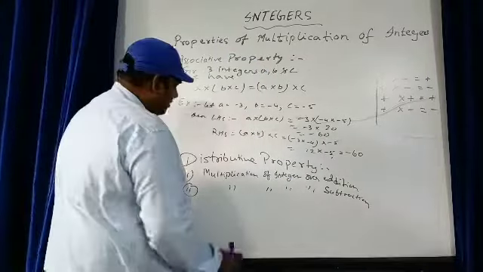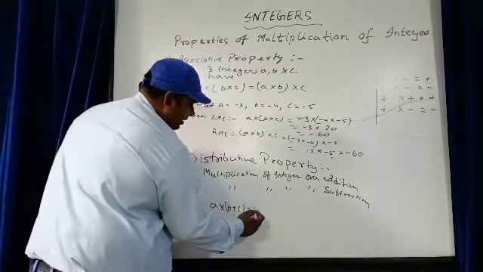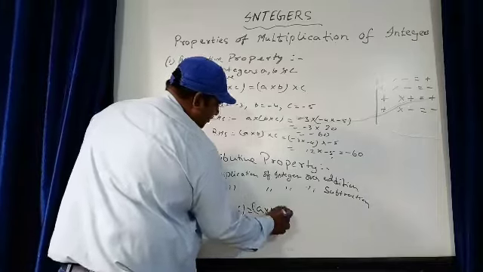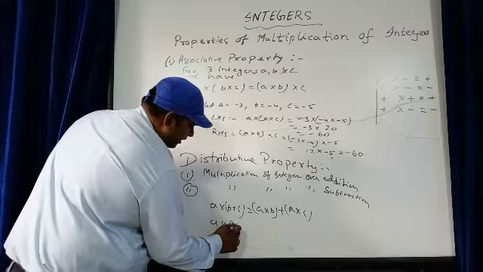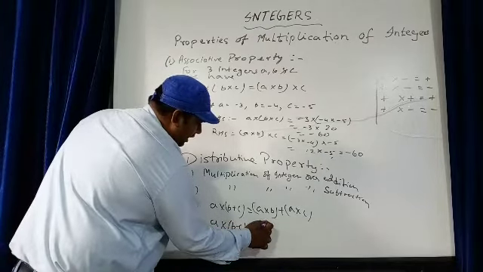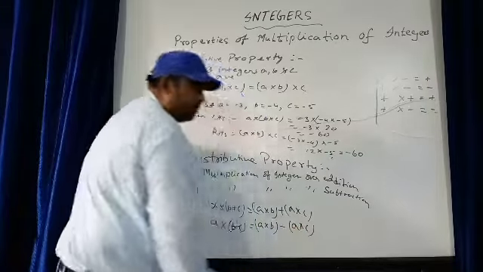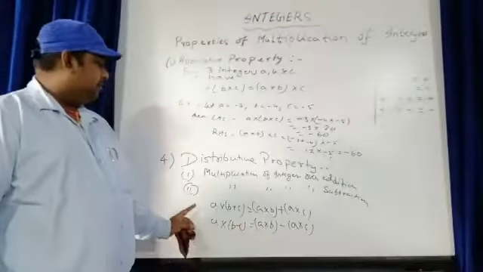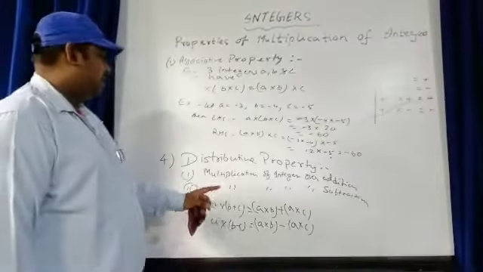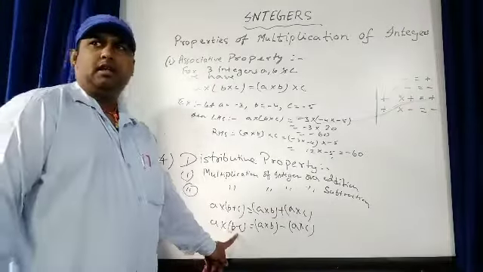We have two laws, means a × (b + c) will be equal to a × b + a × c, and a × (b − c) is equal to a × b − a × c. These are the distributive properties of multiplication of integers over addition, and of multiplication of integers over subtraction.